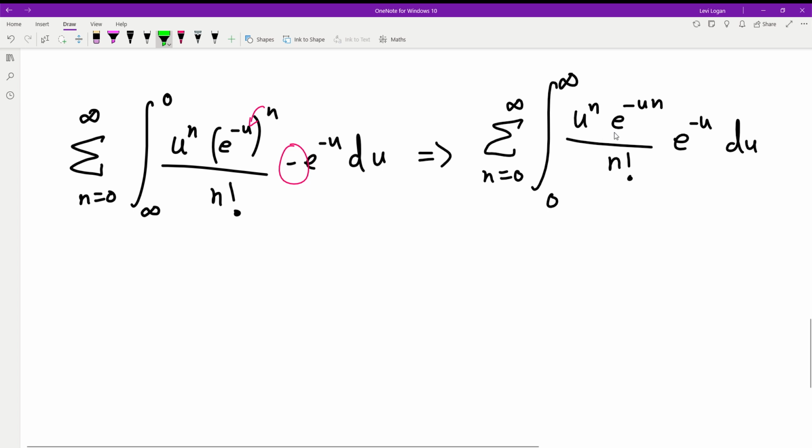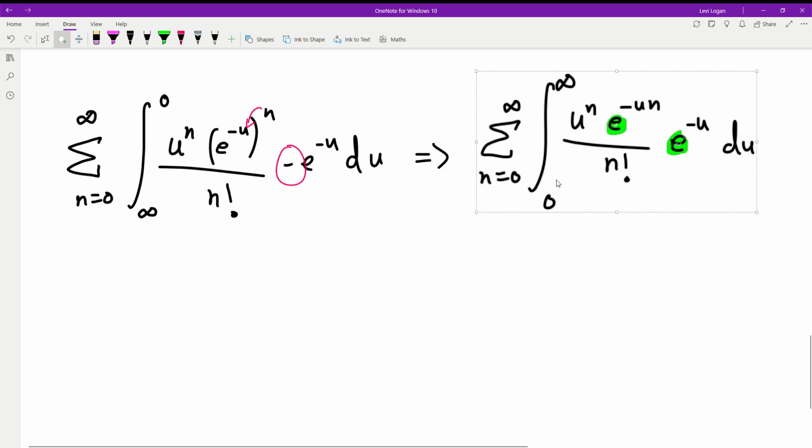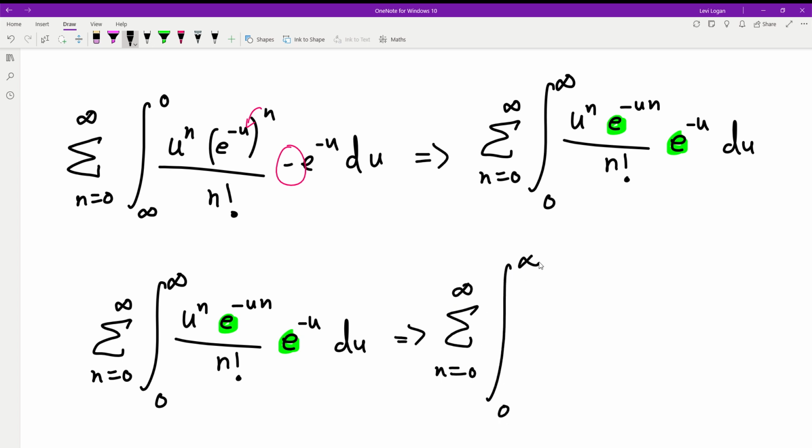We can see these have like bases, so what we can do is actually multiply them together. So I can rewrite that whole thing once I copy it again. So I can rewrite that as still the infinite sum from n equals 0 to infinity of the integral 0 to infinity of u to the n.